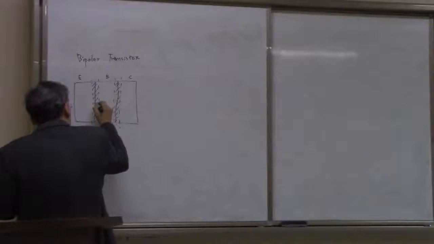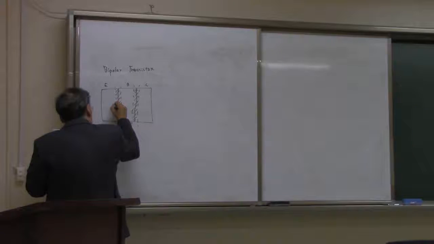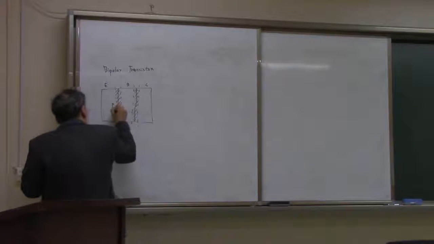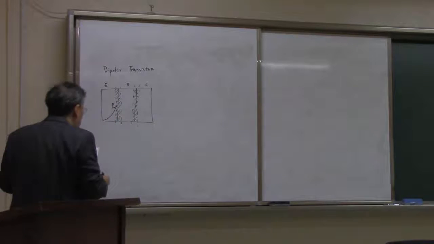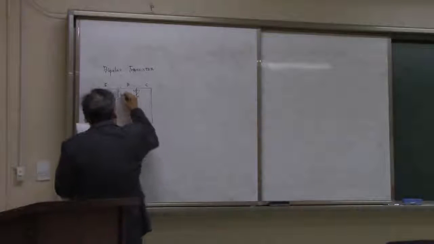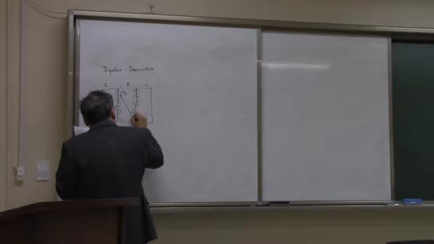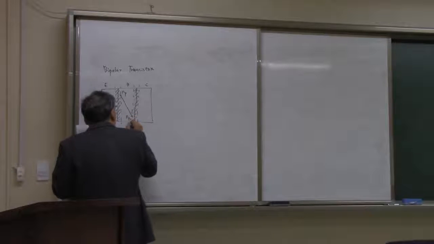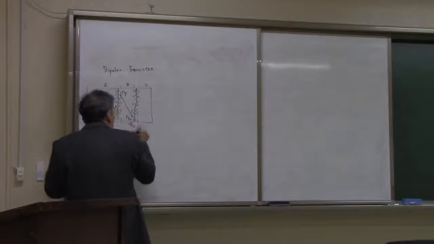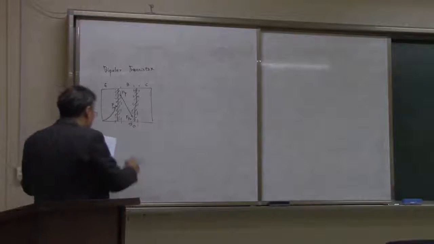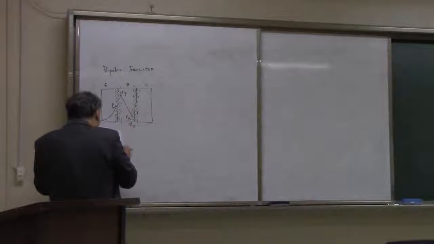And we have a piece of N, and then it goes the profile something like this. And then we have N sub P, and here we have N sub P naught, and this is about 0, okay? Because we have a very low concentration of dopants at the base region.